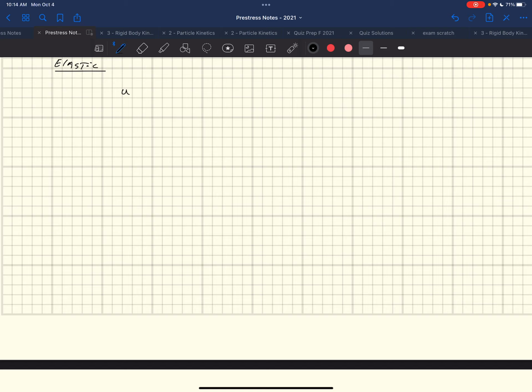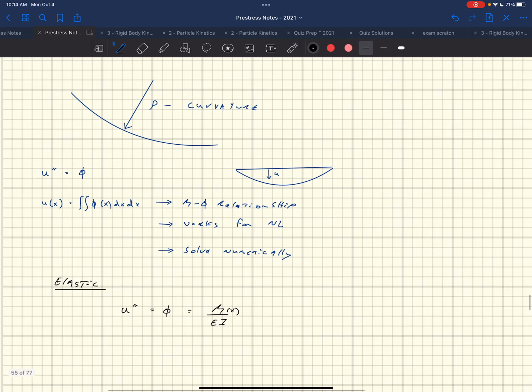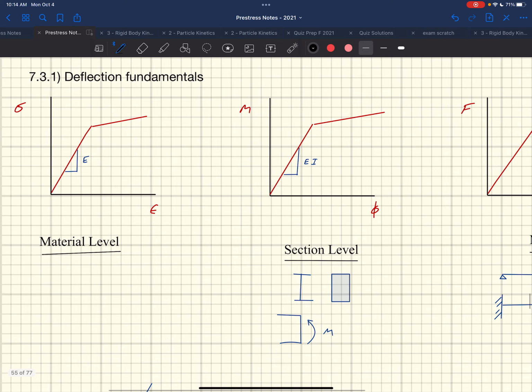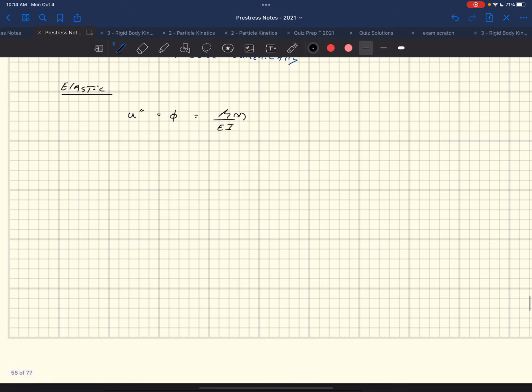this curvature, right? u double dot is equal to the curvature. It's just equal to M over EI. M is a function of x. Right, and we saw that up above. That's just coming from what that slope is right there. M over EI, that's the slope of that curvature.